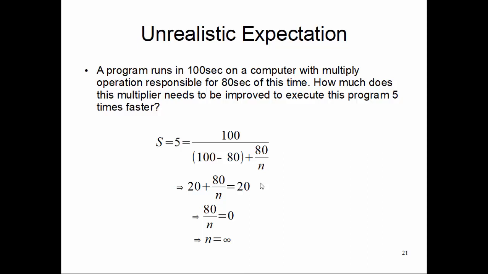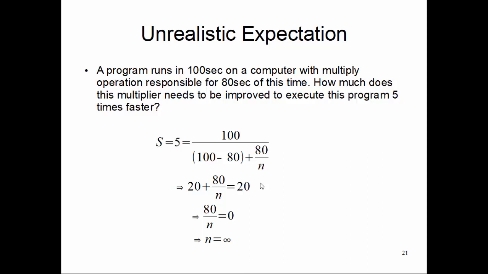Now you have been given a target: go and improve the multiplier in such a way that this program executes 5 times faster. The manager told you that 100 seconds is the total, 80 seconds of that is multiply, so improve multiplication such that your overall program executes 5 times faster.